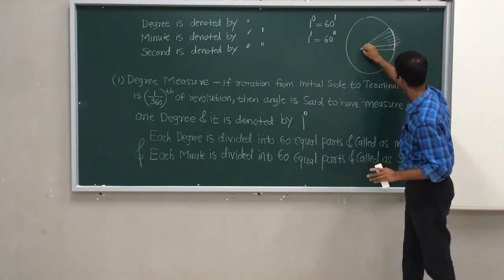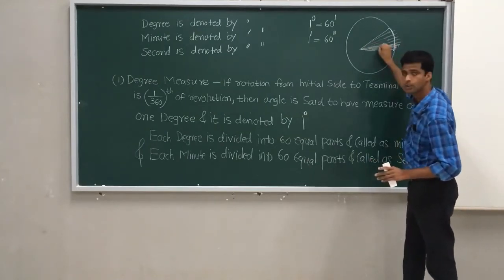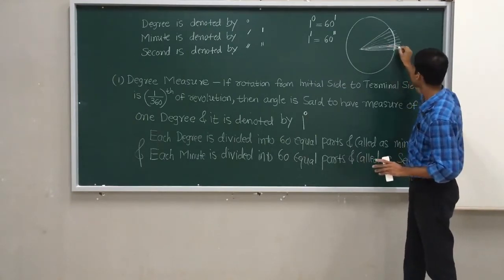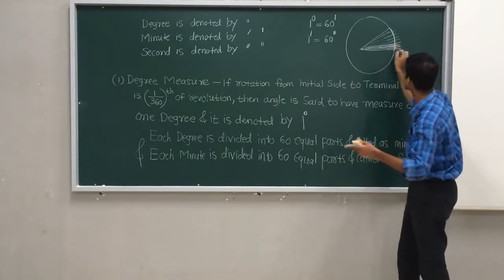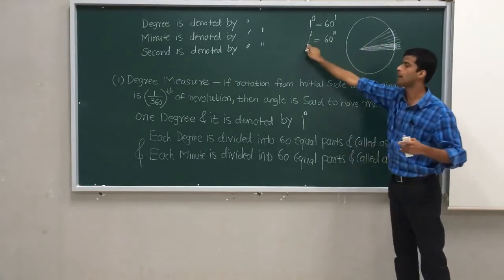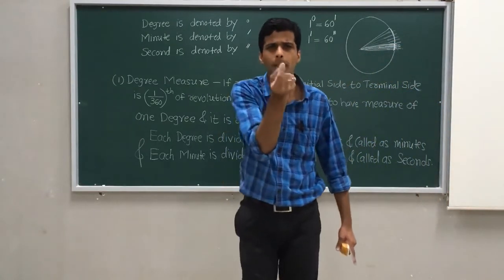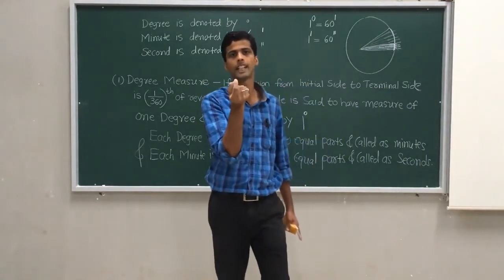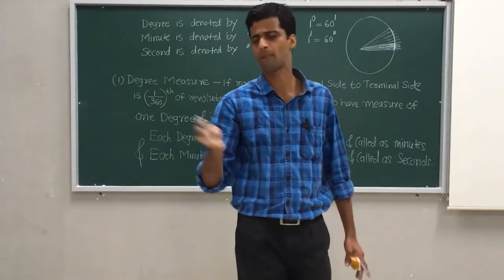And in that, each part is divided again into 60 parts, called seconds. Those 60 seconds give you 1 minute. Therefore, it is a very small part. That's why when I blink my eyes, it may be 3 seconds, 5 seconds. It is very quick.